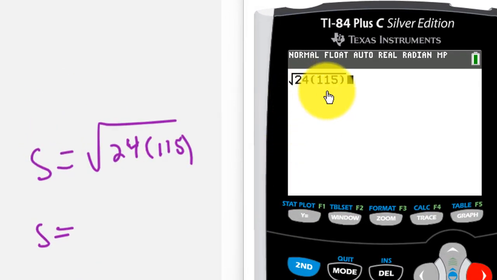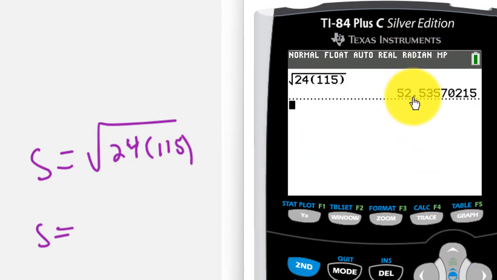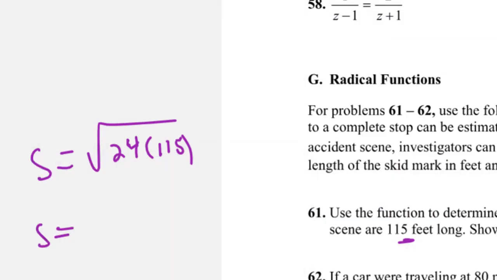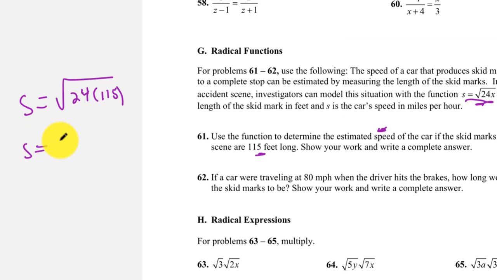So I've entered it: 24 times 115, I press enter. I get approximately 52.5. So s equals 52.5. You might see some books use the wavy equal sign to say approximately 52.5.